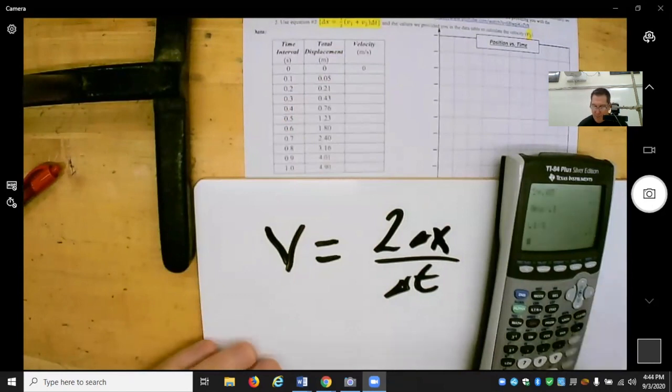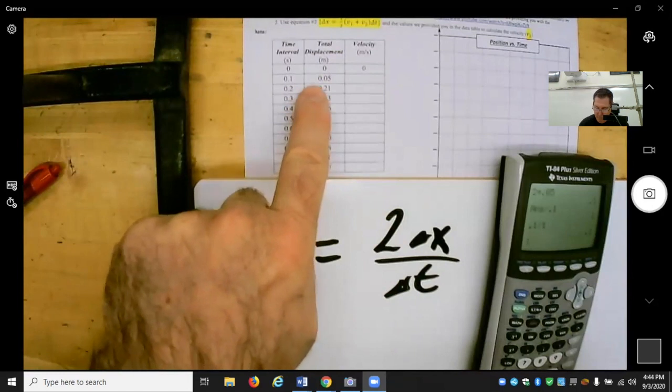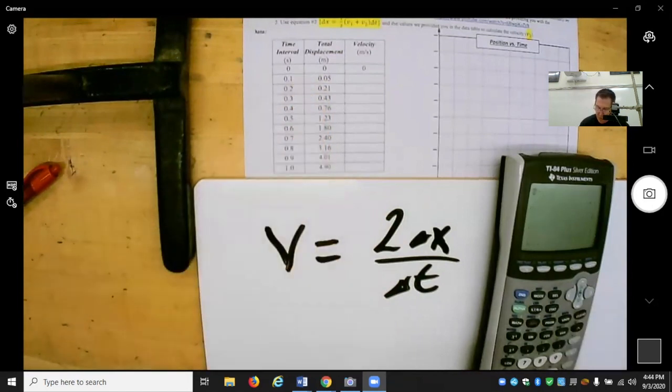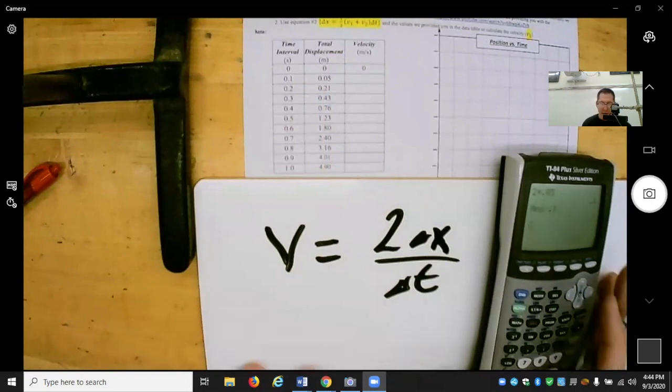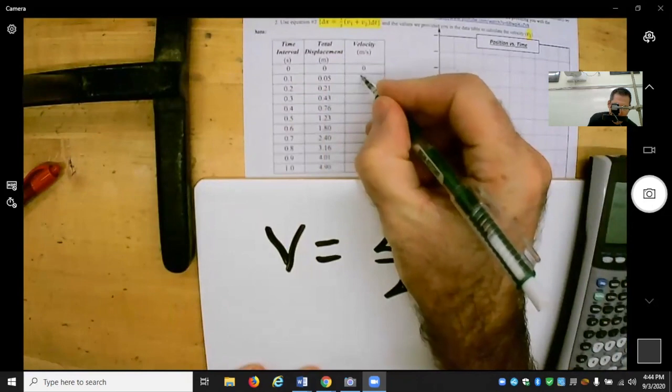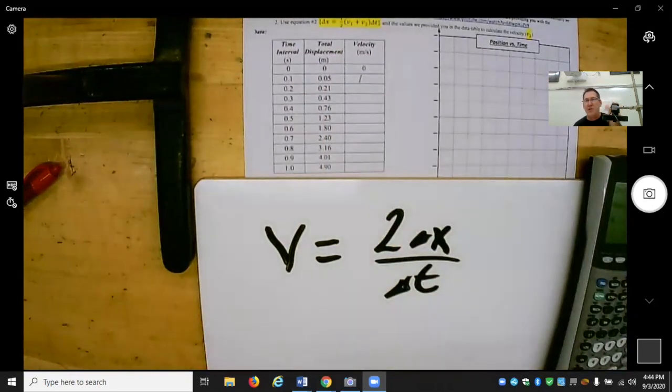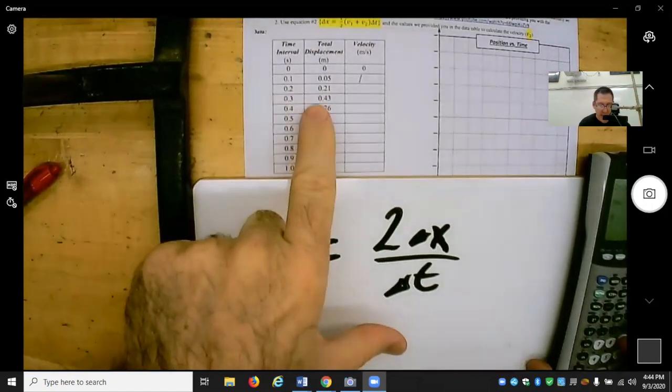And I get, oops, hold on, sorry about that, 0.2 times 0.05 divided by 0.1. And I get 1 meter per second. So after a tenth of a second, it is going 1 meter per second, covering 1 meter in 1 second.